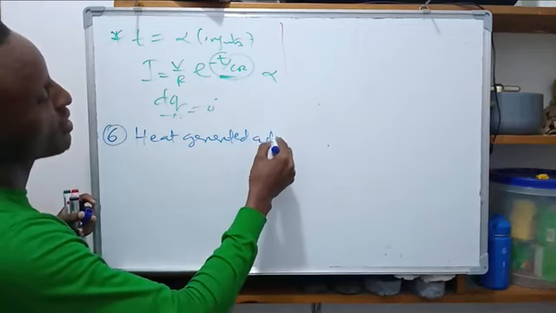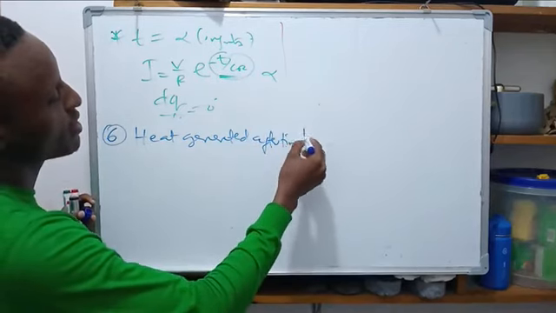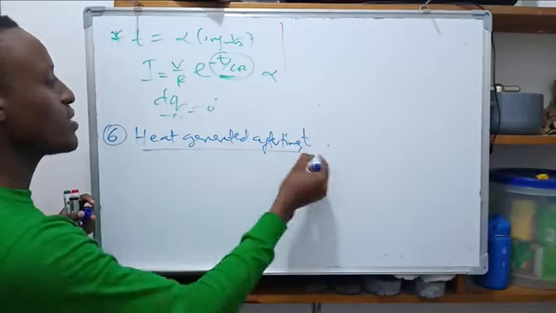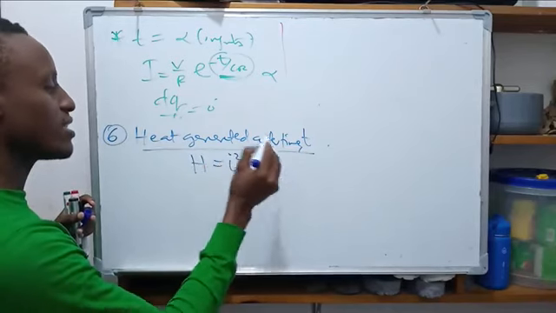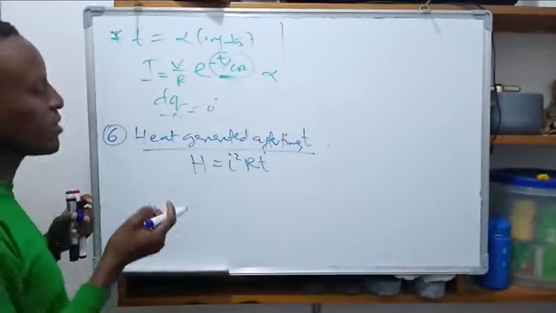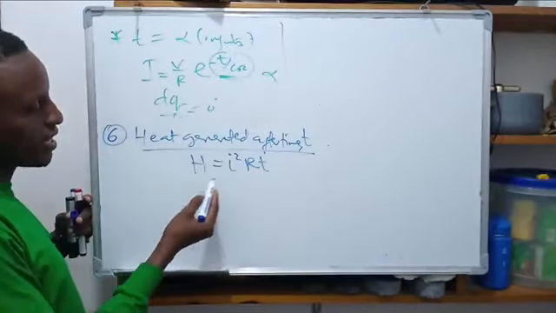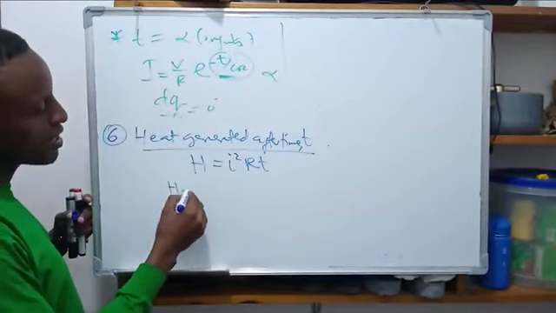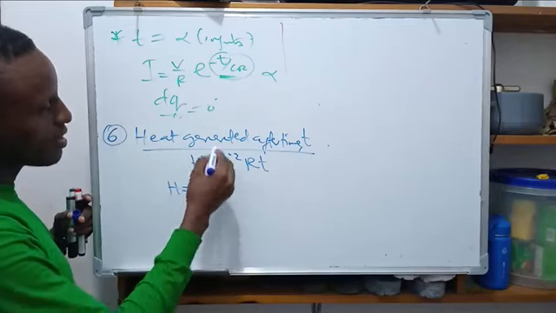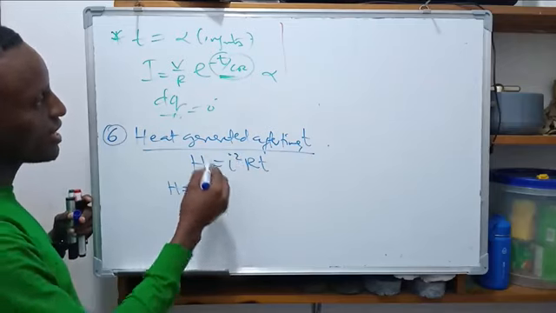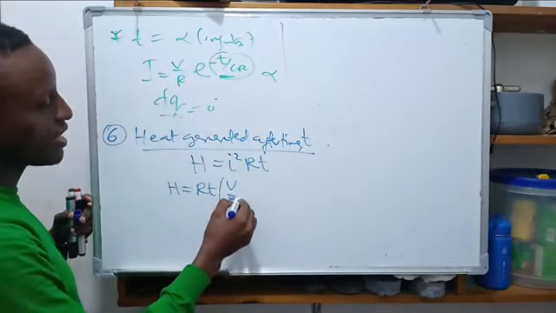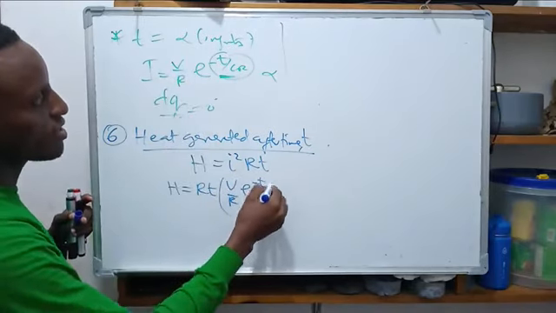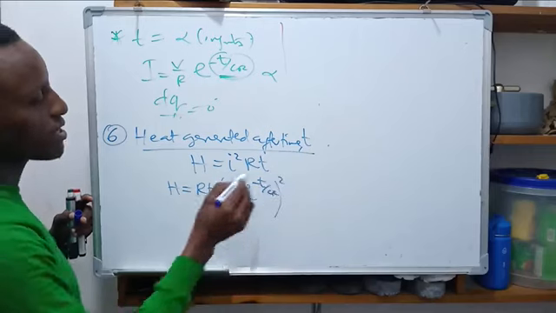After time T, what happens here is we say heat is just equal to I squared RT. Speaking about that, who is I? I is V over R times e to the negative t over CR, and that is squared.